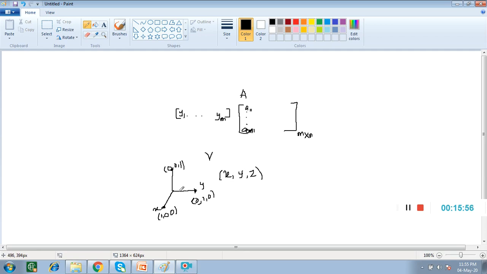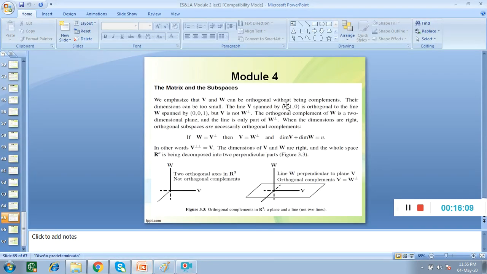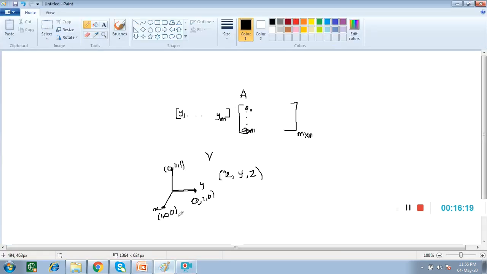Now the meaning of that is, there is a line spanned by 0, 1, 0; this is the line. The V spanned by 0, 1, 0 is orthogonal to the line W spanned by 0, 0, 1. 0, 0, 1 would run along the vertical axis, a straight line.